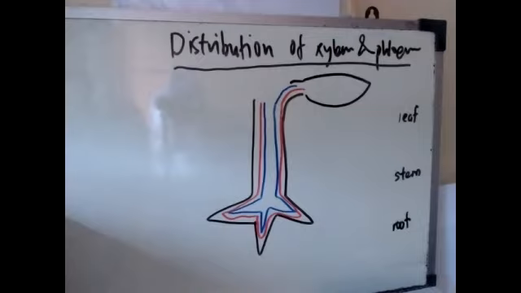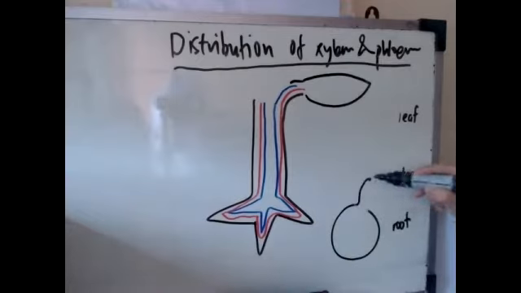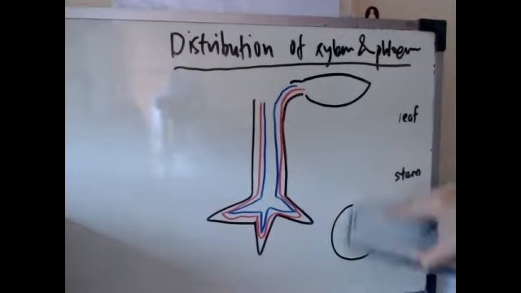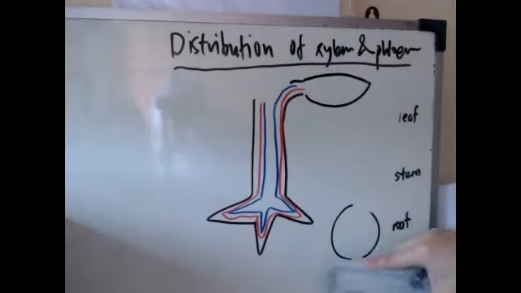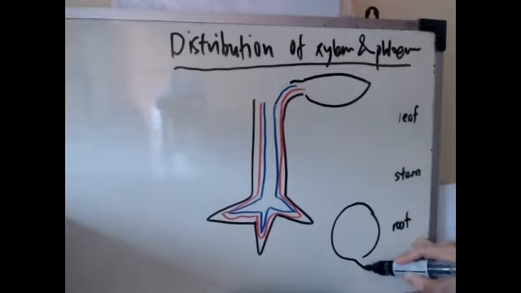So normally when you draw roots, you try to draw a circular representation with a few root hairs coming out. Try not to put too many. A few root hairs at the bottom. These are root hairs now.